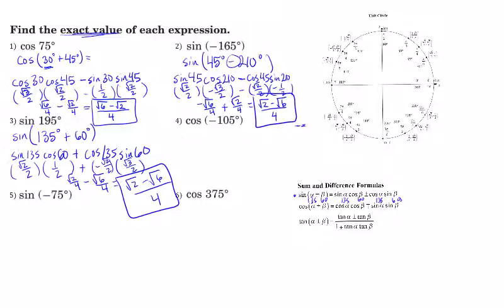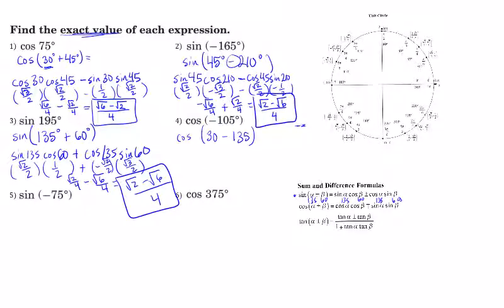Or we could do 30 minus 135. So either way, or there's some other options too. But let's do 30 minus 135. That'll equal negative 105, right?